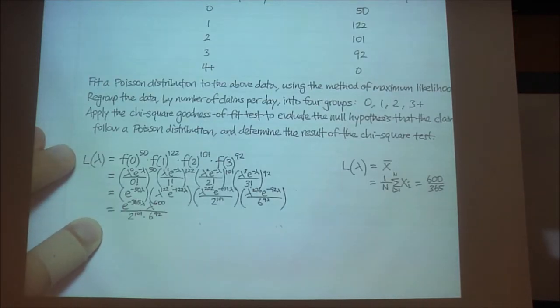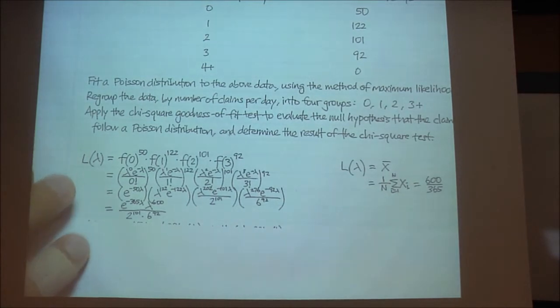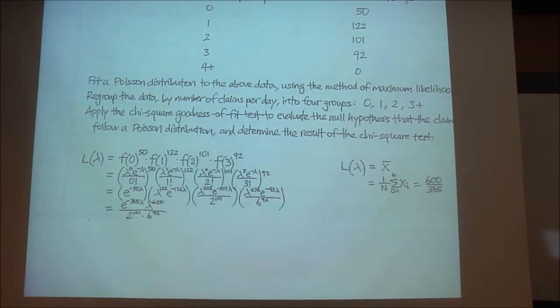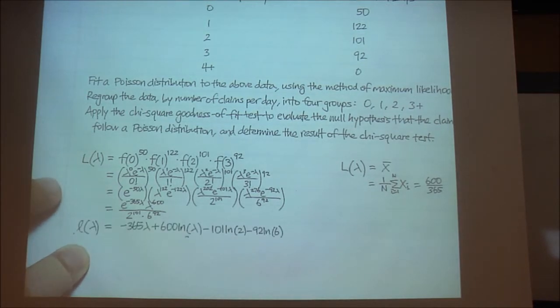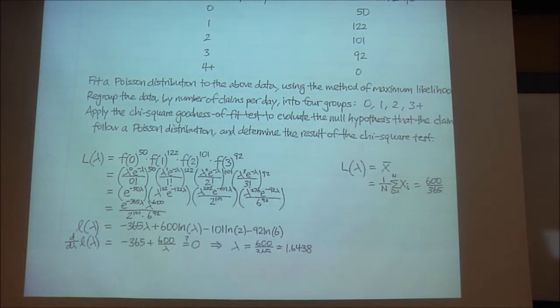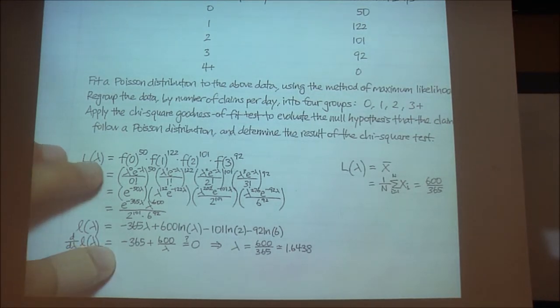It simplifies down to e to the negative 365 lambda times lambda to the 600 divided by 2 to the 101 power times 6 to the 92nd power. What you want to do next is take the natural log of that function. Then you take the derivative and set it equal to 0 to find what the MLE is. So you get 600 over 365 in both cases, which is around 1.6438.